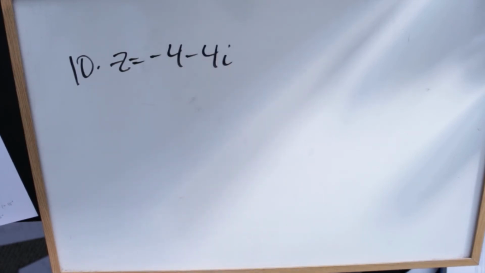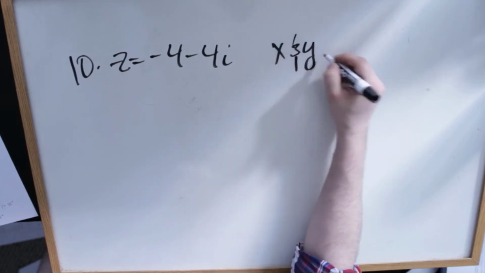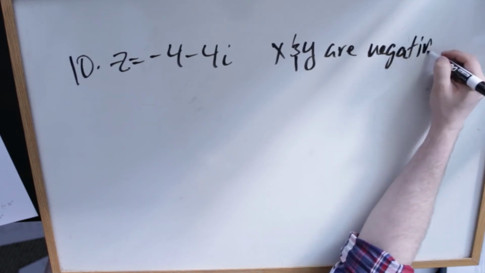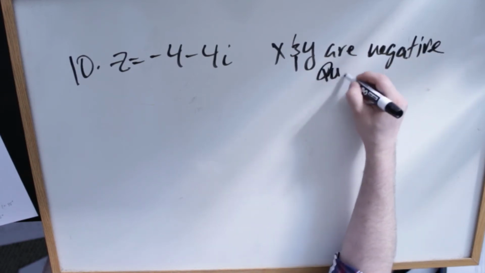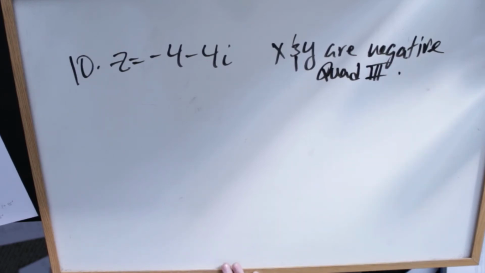The x and y are negative, so we're in quadrant 3. So the modulus is r, and the argument is phi. I think I actually said the argument was r earlier. The argument is like the rotation, the modulus is the length.